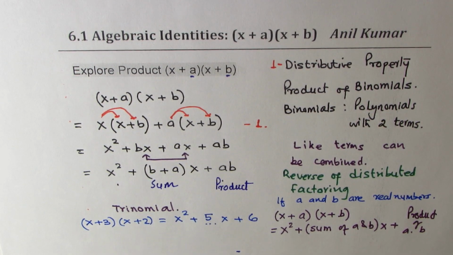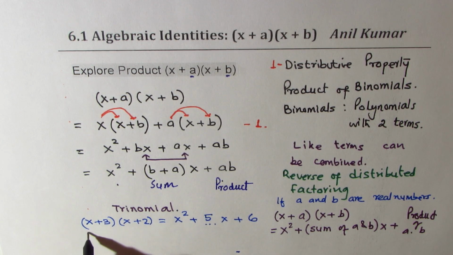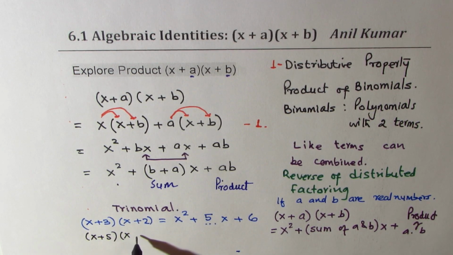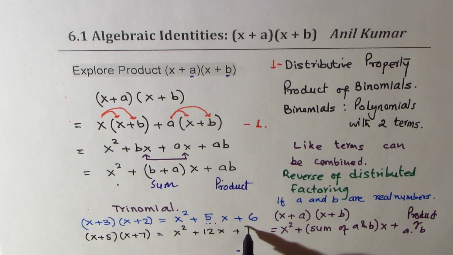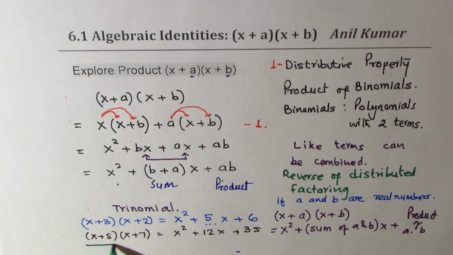So that becomes an identity. So if I have something like this, for example, x plus 5 times x plus, let's say 7, then the result should be x squared plus add these two. We get 12 x plus 7 times 5, 35. Does it make sense to you? Correct? So this is a very important conclusion.